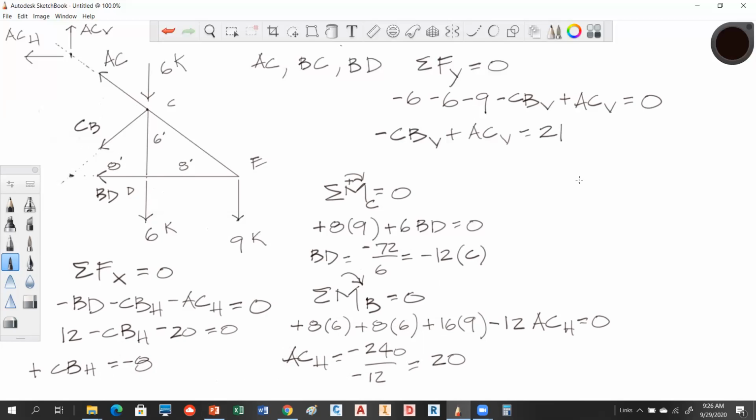So I can say CB vert is to 6 feet as negative 8 kips is to 8 kips horizontal. So what does that give me for CB vert? 8 divided by 8 is a negative 1 times 6 gives me a negative 6.